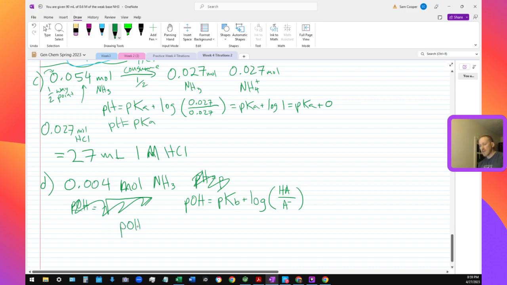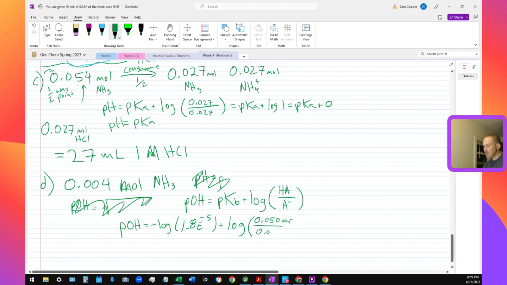So the pOH is going to be the negative log of 1.8 times 10 to the minus fifth. That was our given Kb, or you would have found it somewhere, plus the log of, so once the hydrochloric acid has consumed most of our ammonia, we're going to have that much NH4, right?